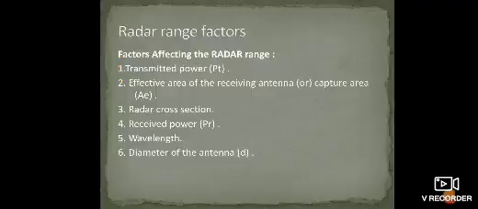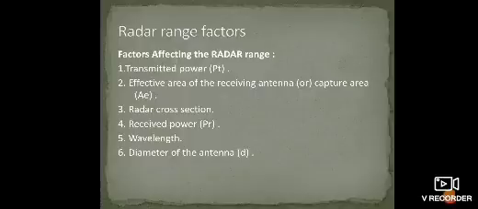First of all, radar range factors. In the previous session I told about the radar range equation, the final equation, that is R, the target distance, which depends upon the transmitted power, cross section area, received power, wavelength, diameter, and effective aperture area.